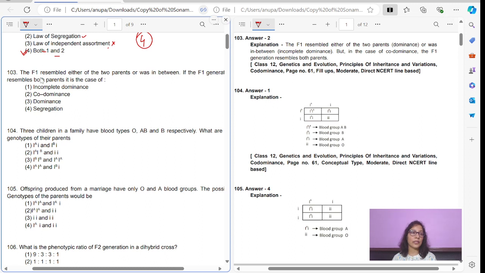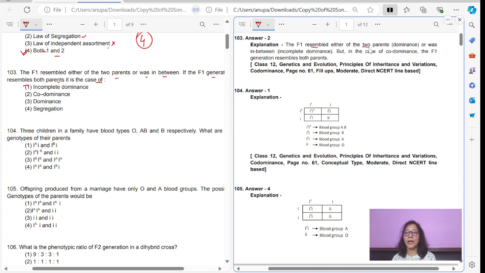Question number 103 states that the F1 resembled either of the two parents or was in between. If the F1 generation resembles both parents, it is the case of. So we know that when F1 resembles either of the two parents, then such a situation is called dominance.